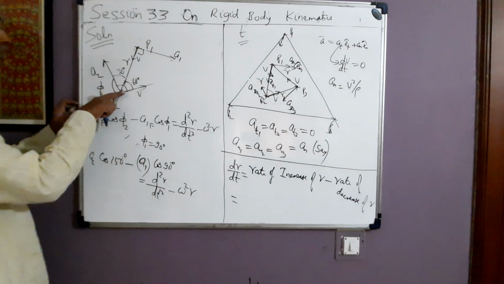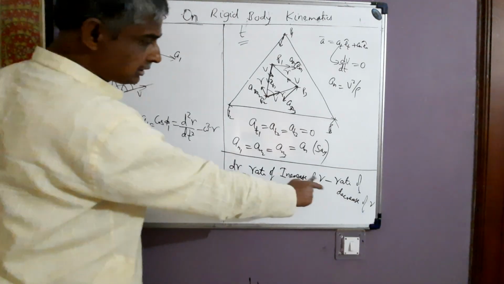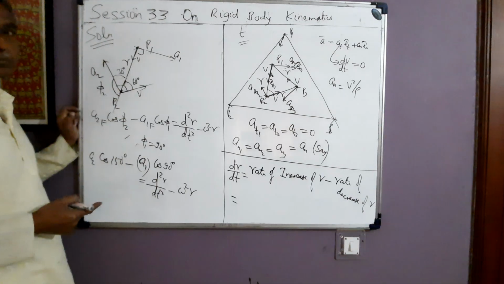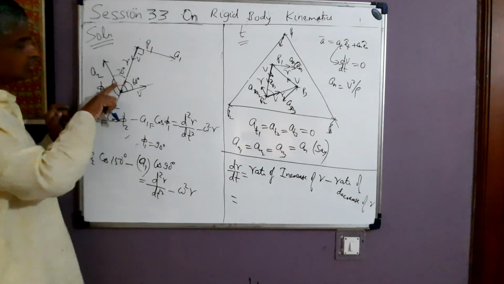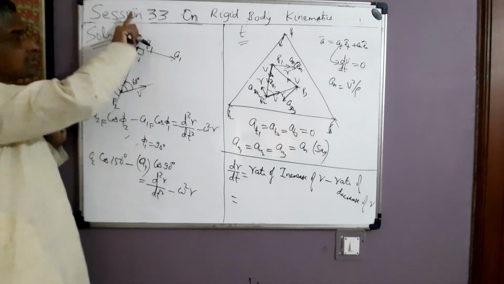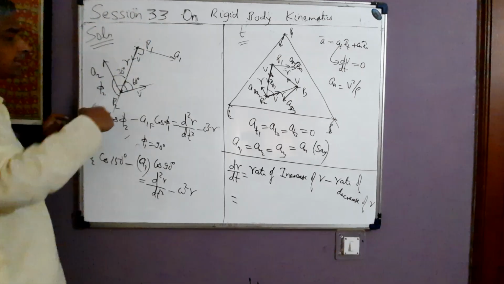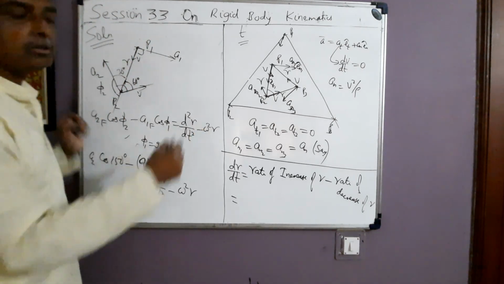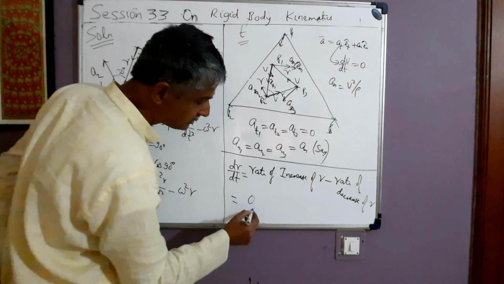This rate of increase or decrease of r is decided only by the components of velocity along the line P1P2. Now this v is in this direction, its component along this line is v cos 60 in this direction, and v is also along this direction. So v cos 60 and v both will tend to decrease r. None of them will try to increase r. So the rate of increase of r becomes 0.